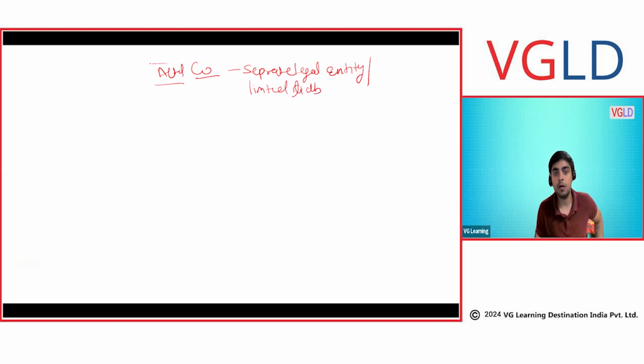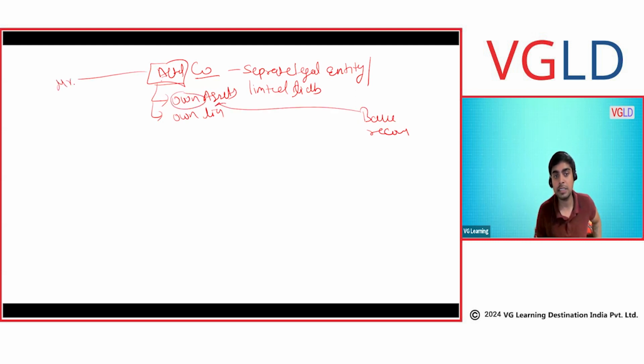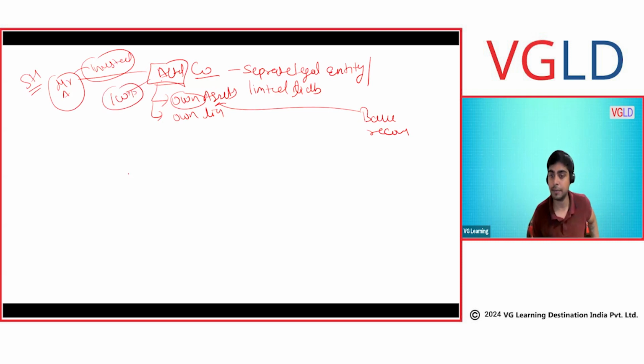So A Limited can run business in its own name, own assets in its own name, take a loan in its own name, so that tomorrow if the bank comes for recovery of the amount, it can only use the assets of A Limited and not Mr. A. Mr. A has invested the money. So in this case, Mr. A would be the shareholder. He has, let's say, 100% shares of the company.